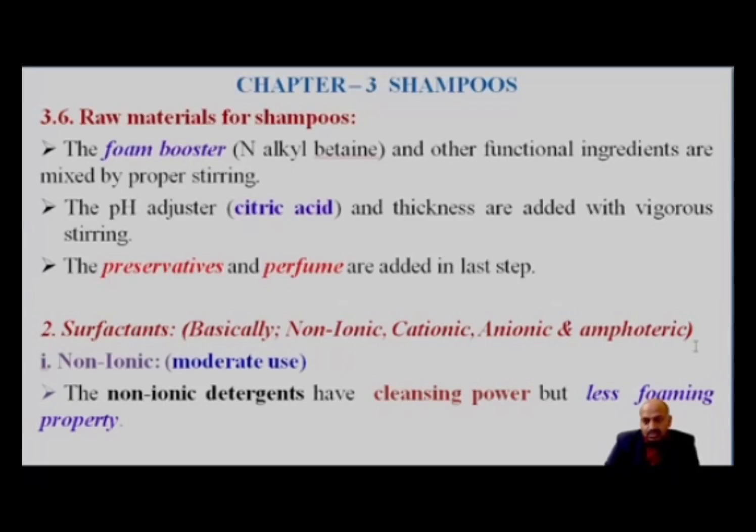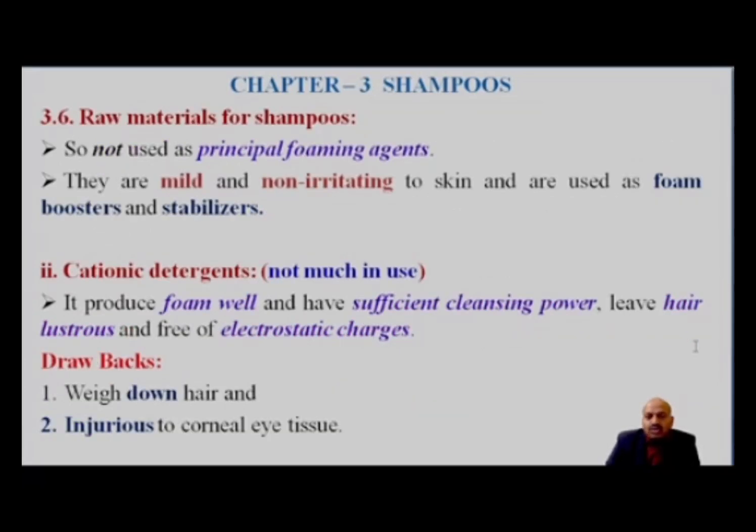Cleansing power is good, but foam formation is lesser, so they are moderately used and not used as a principal foaming agent. They are mild and non-irritating to skin and are also used as foam boosters and stabilizers.